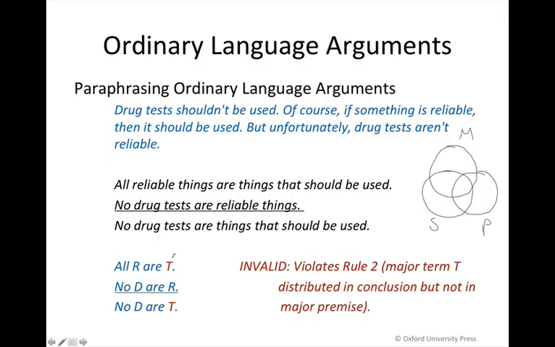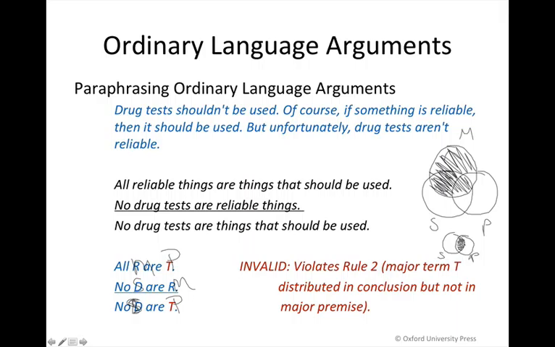So we have our major term, our minor term, and our middle term. All M are P. No S are M. And the conclusion, no S are P, does not appear. If it did, we would have the area of overlap shaded S and P.